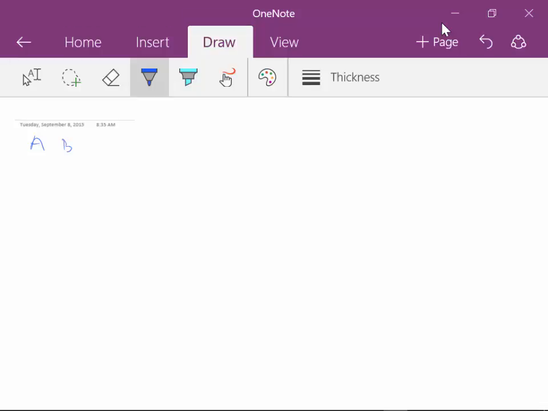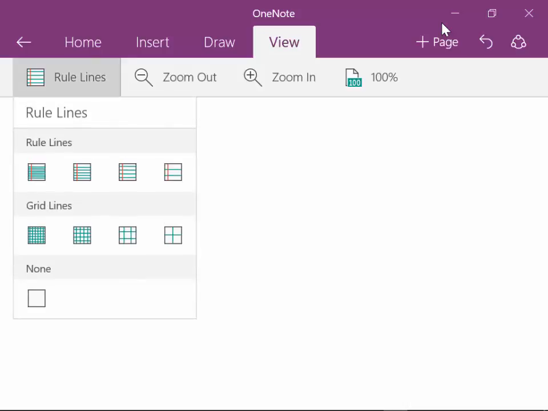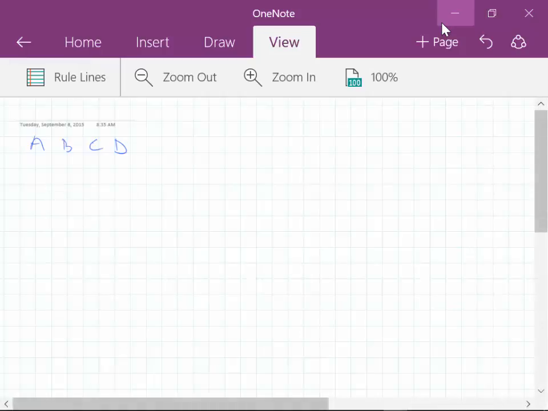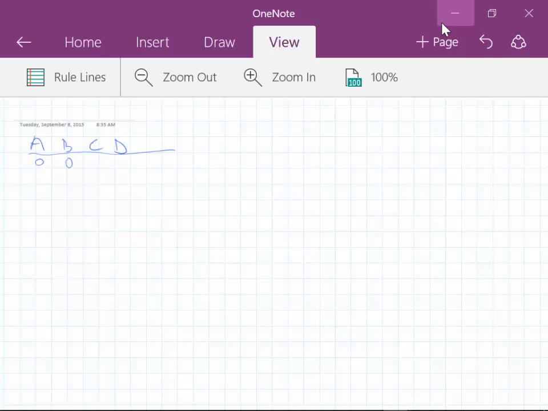A, B, C, D, and let me put some rule lines here so I can try to stay straight. 0, 0, 0, 0, 0, 0, 0, 1, 0, 0, 1, 0. Hopefully I have enough lines here. 0, 0, 1, 1, 0, 1, 0, 0.